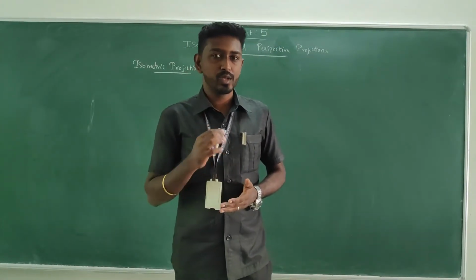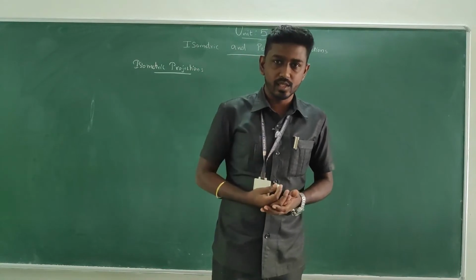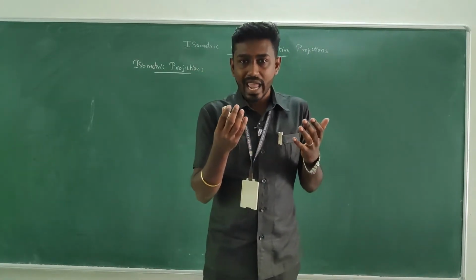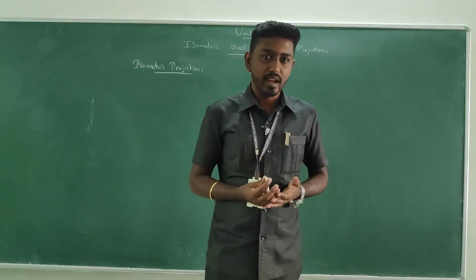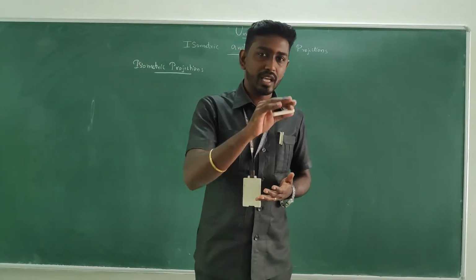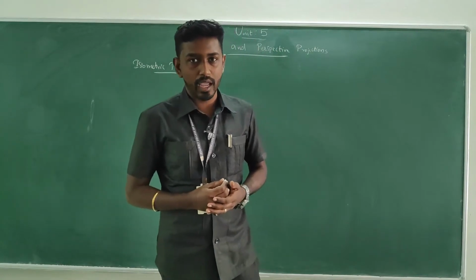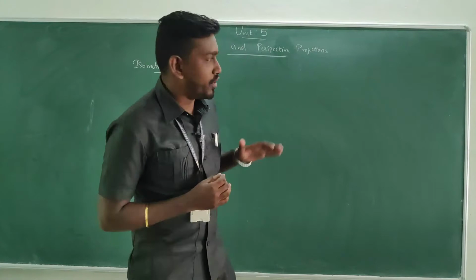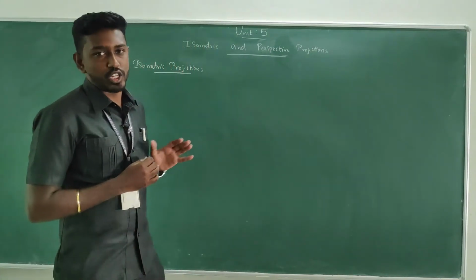So when you want to visualize the exact image of the object, we need to give mental effort to bring it into your mind. In order to overcome this, we go with a pictorial projection.